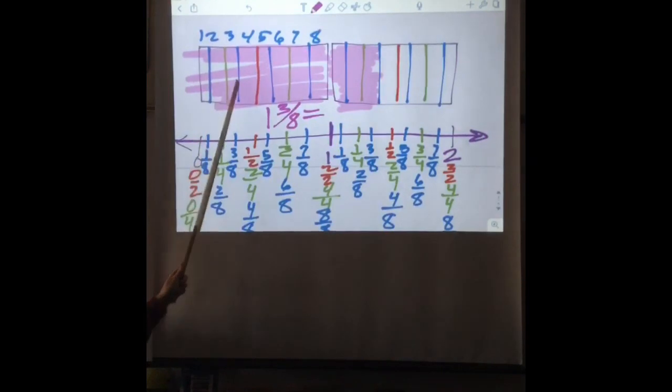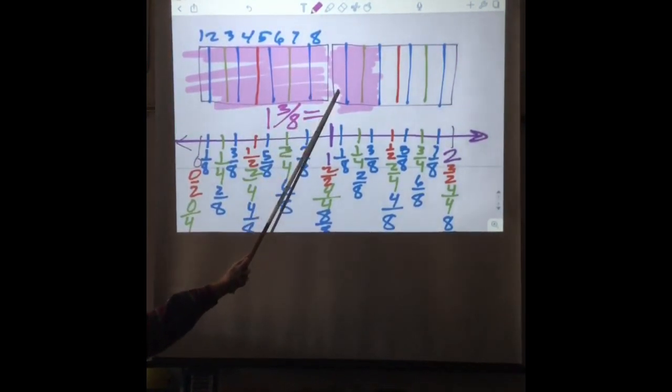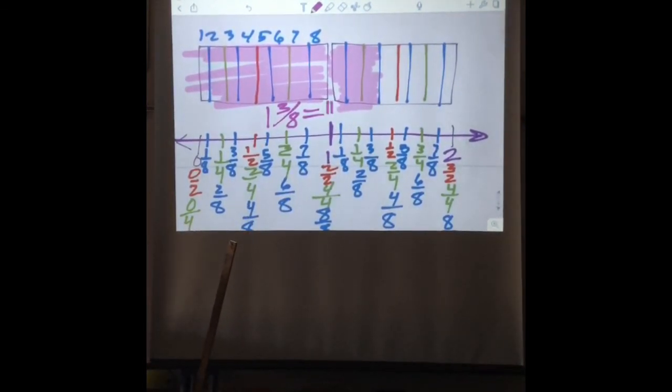I'd have 1, 2, 3, 4, 5, 6, 7, 8 eighths, 9 eighths, 10 eighths, 11 eighths. That would be my improper fraction. That means I've got more than one whole in my improper fraction.